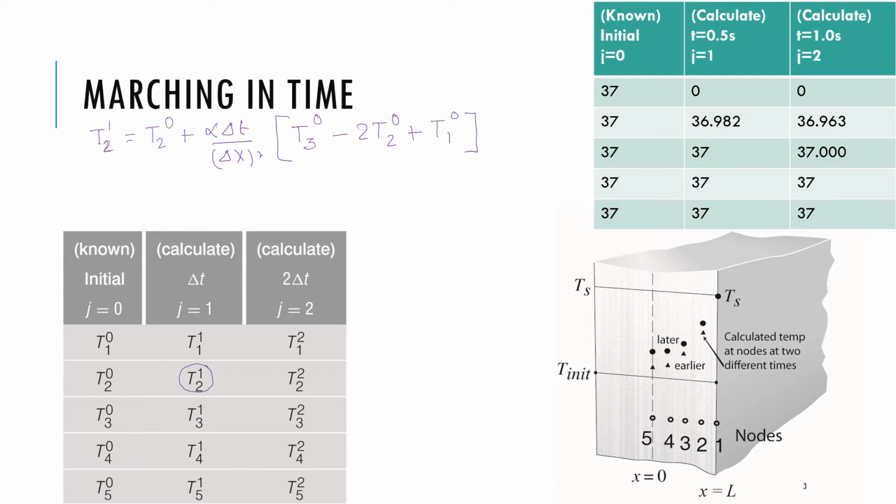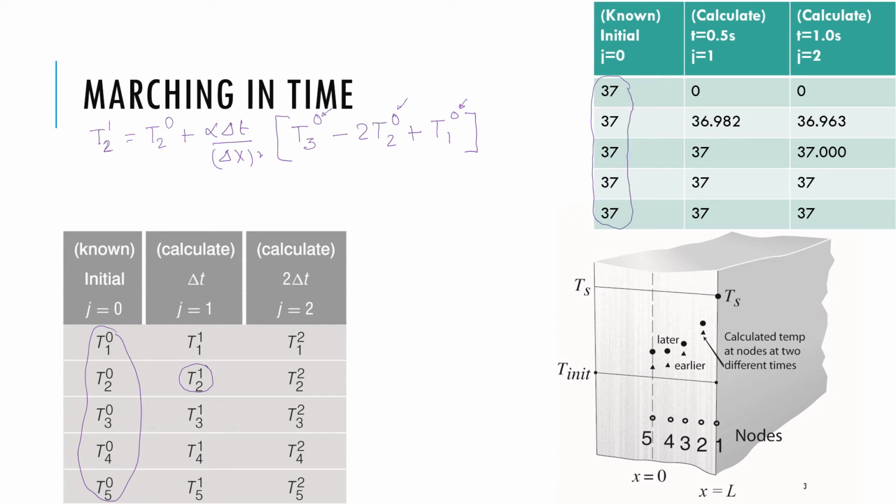Okay, and now we can plug in numbers. Basically anything that has a 0 subscript, that is the initial condition. So the initial nodes, like these, they are given. This is my initial node temperature.